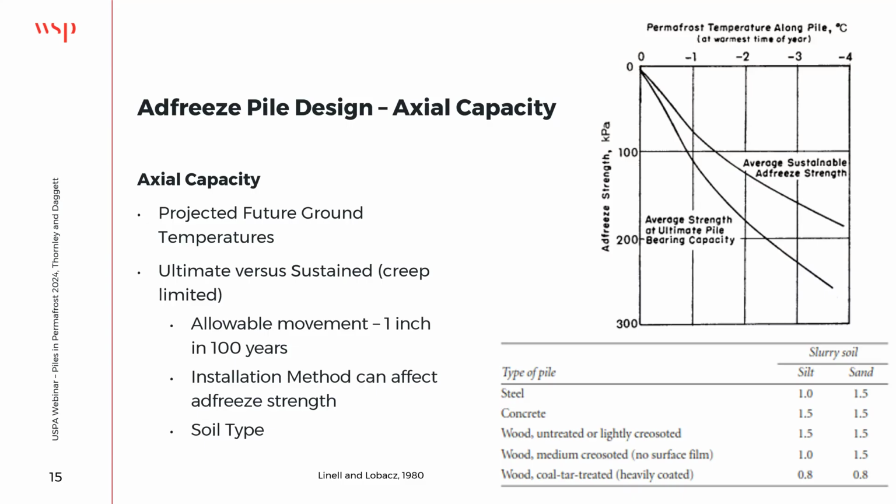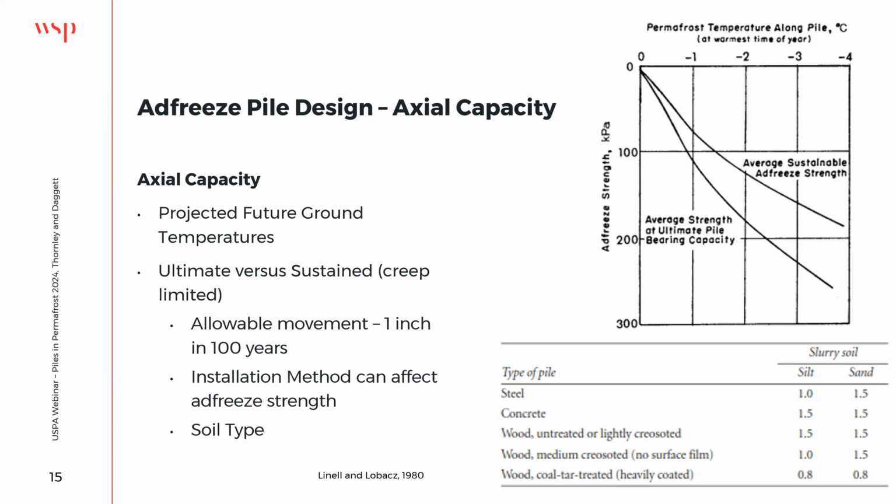So there are two important concepts there. You can get an ultimate adfreeze strength, but this is something you would never design for because it has a lot of movement associated with it.